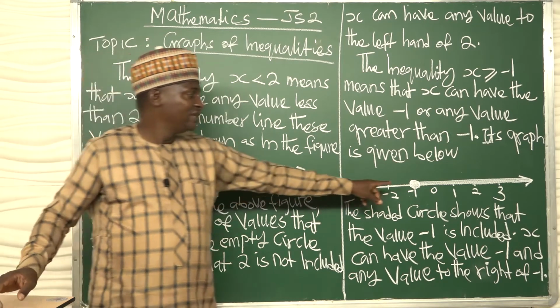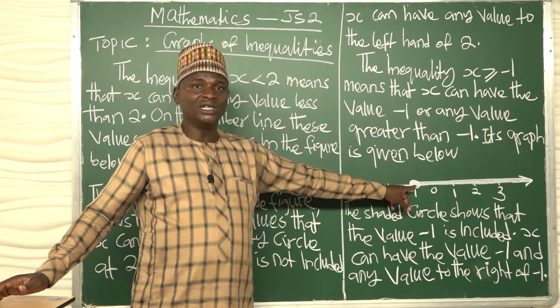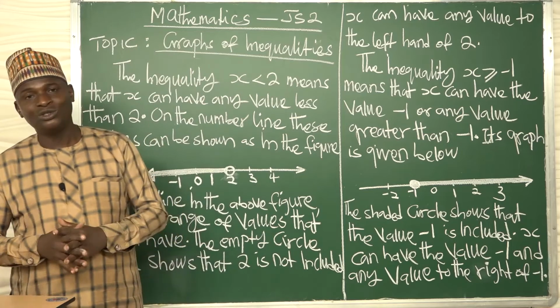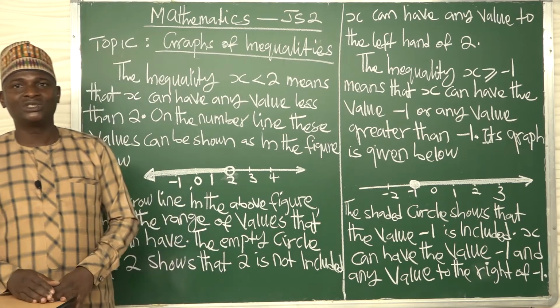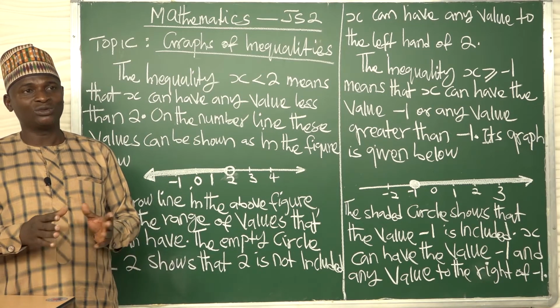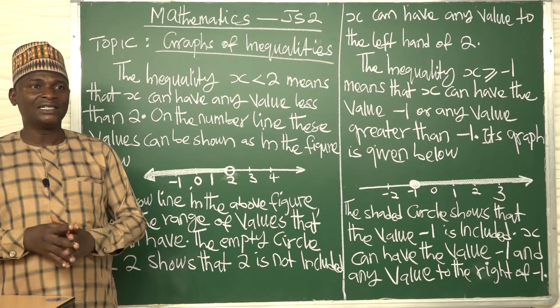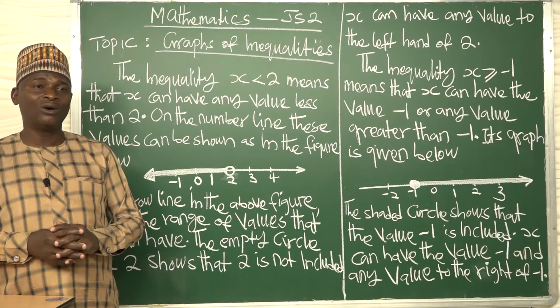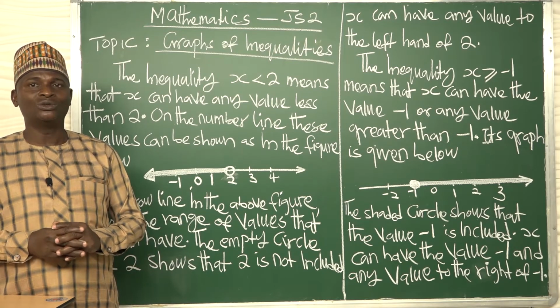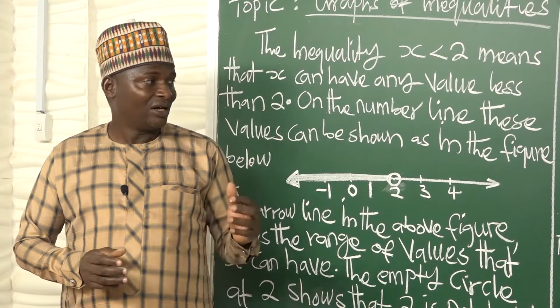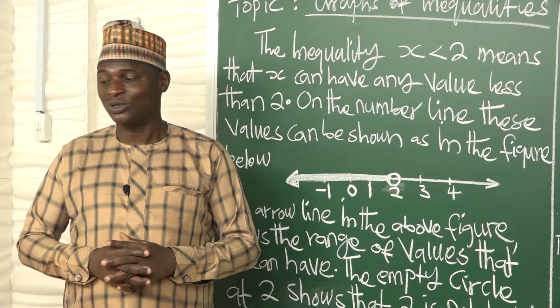But if the number is included, then the circle is going to be shaded. We are now going to take one or two examples to buttress what we have discussed so far. Then I give you an assignment to see how you are going to draw your own number lines of the solutions you have gotten.